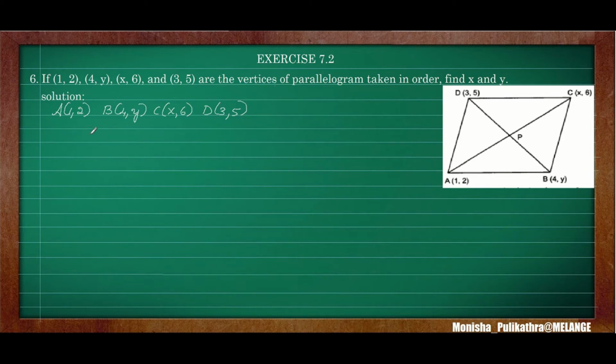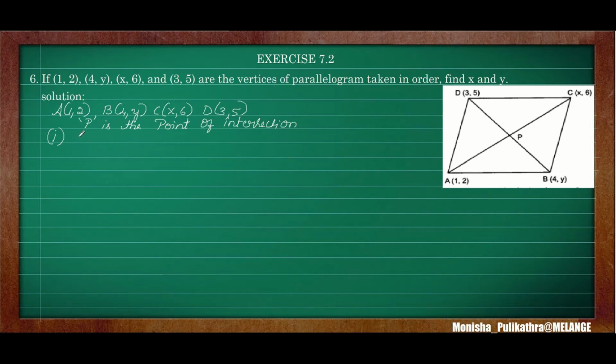Now from the diagram you can see P is the point of intersection of the two diagonals. If you consider the line AC, P will be the midpoint of AC, and if you consider BD also, P is the midpoint of BD.